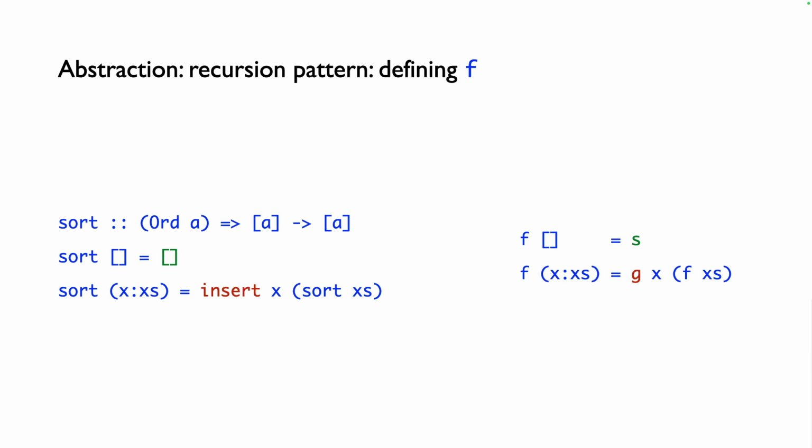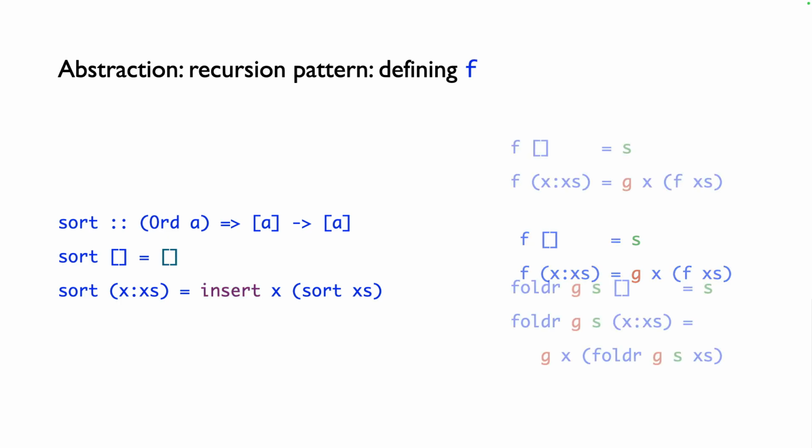Now the next step we can take is to turn this itself into a function. It's what's called the foldr function. And foldr takes these two arguments, g and s, and on an empty list, it returns s. When we give foldr g and s x colon x's, it returns g applied to x and the result of foldr on g, s and x's.